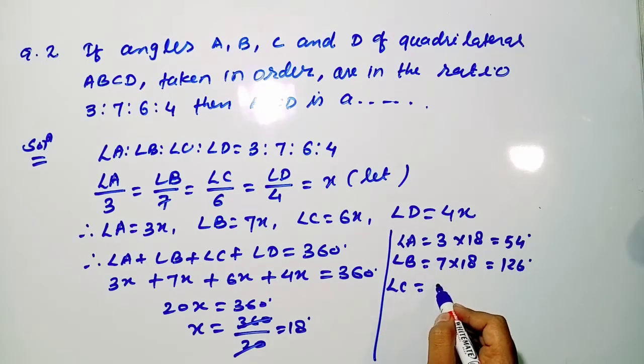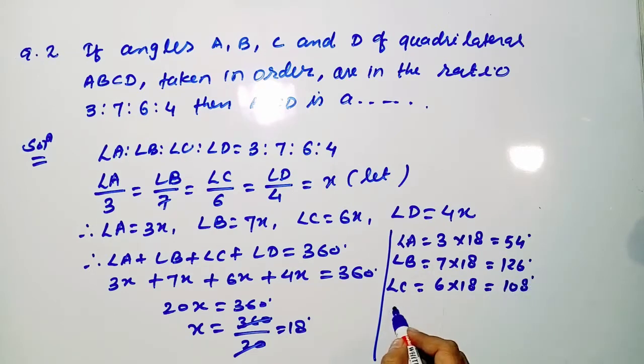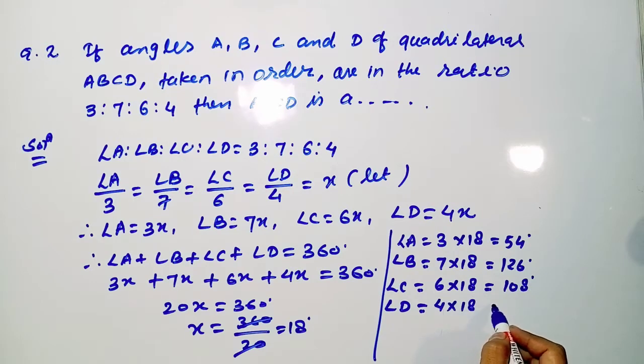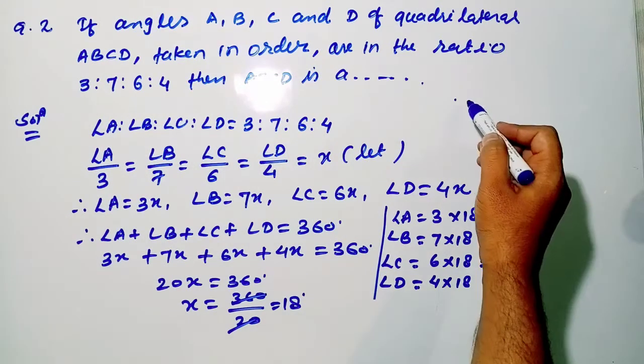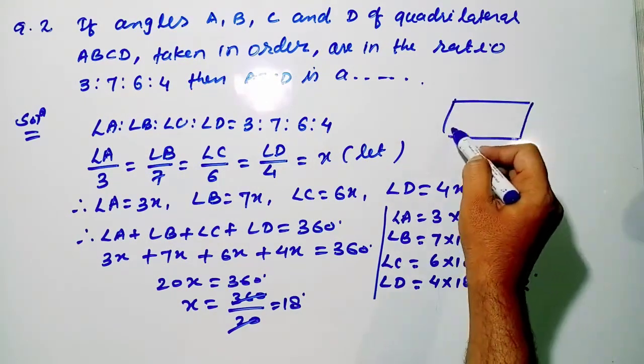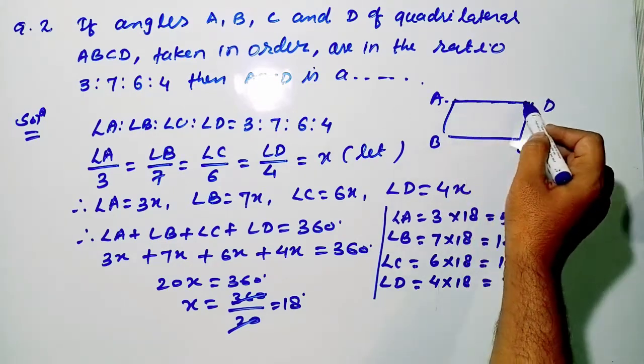Measure of angle C is 6x, 6 into 18 is equal to 108 degree. Measure of angle D is 4x, so 4 into 18 is equal to 72 degree. So let us see whether the sum of all these angles is 360 or not.